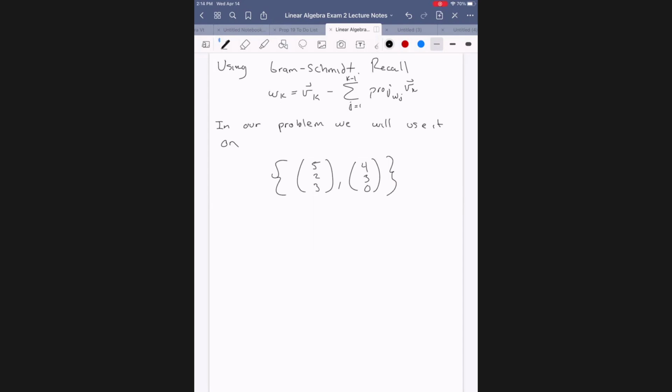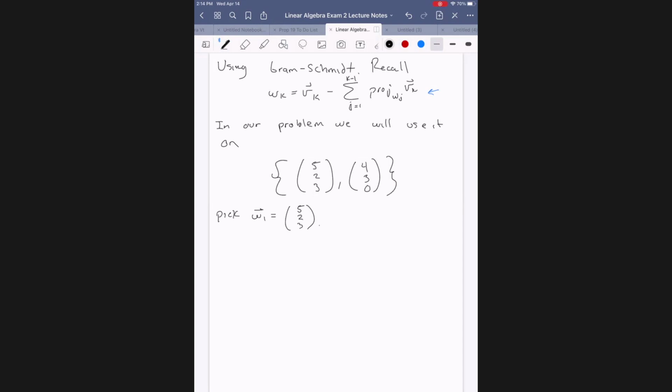I'm just going to pick W1 to be equal to 5, 2, and 3. Once you have this, what's the next thing you need to do? You need to find your W2, which you do by just using this formula, literally just plug it in and use it.